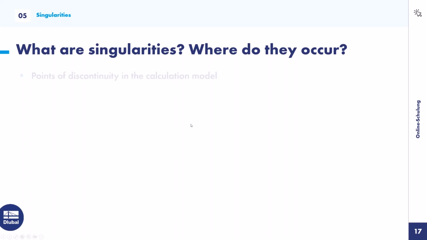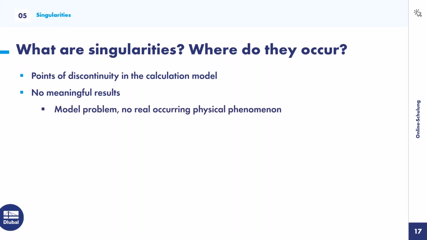Singularities are a big problem since they are discontinuities in the calculation model. So it's not a physical and real problem, but a mathematical problem. It means the results are just useless, kind of.